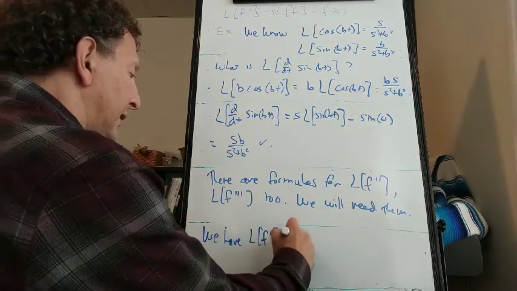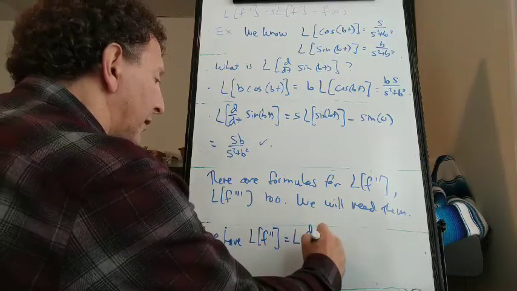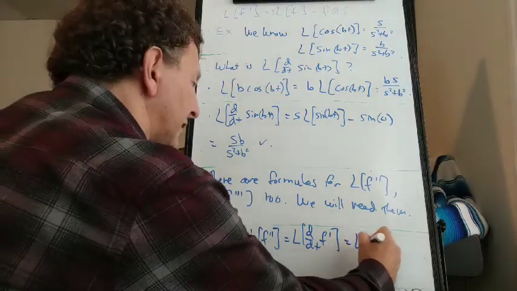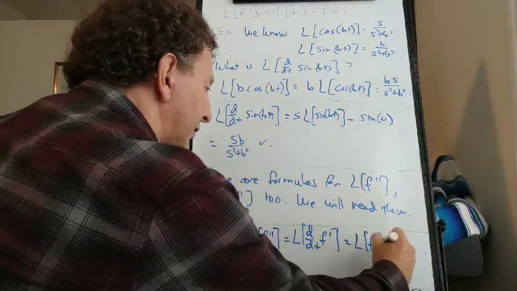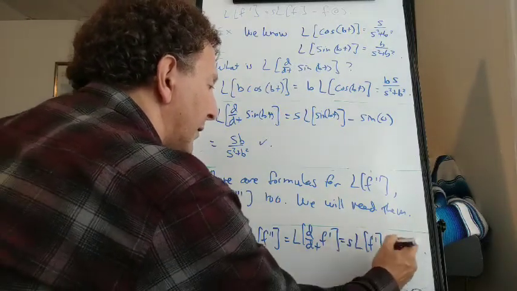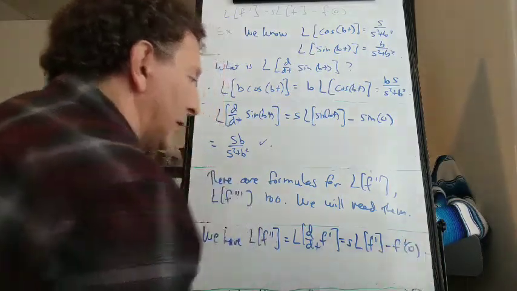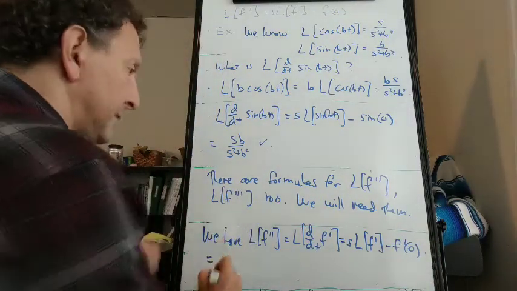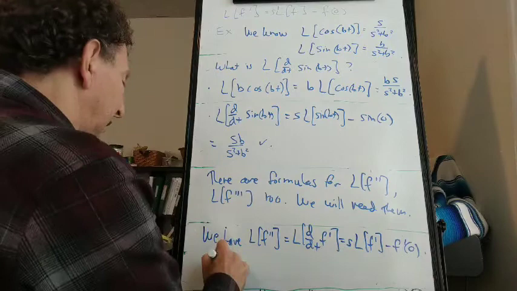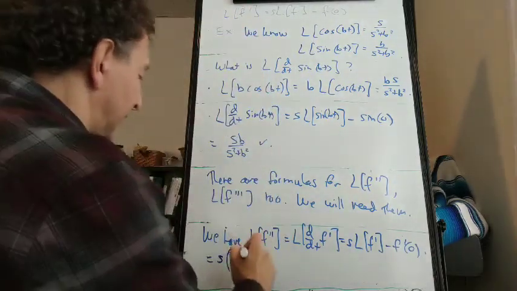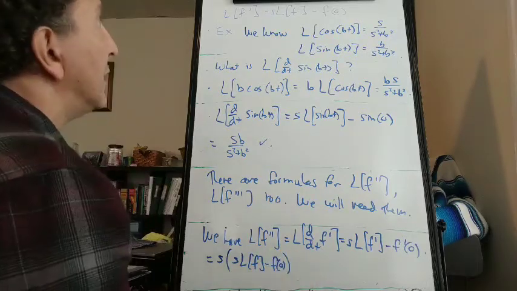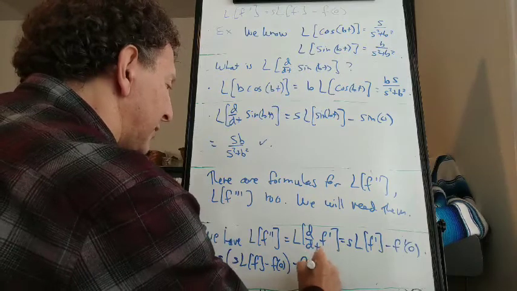The Laplace transform of the second derivative is the Laplace transform of the derivative of the first derivative, which is the Laplace transform of the first derivative times s minus that function evaluated at 0. Now we have a formula for the Laplace transform of the first derivative, so it's s times s times the Laplace transform of f minus f of 0, minus f prime of 0.